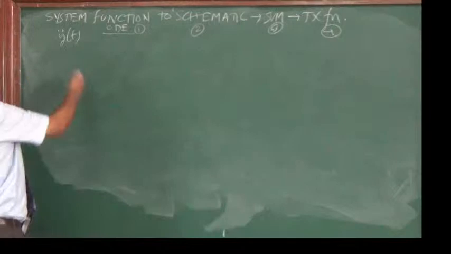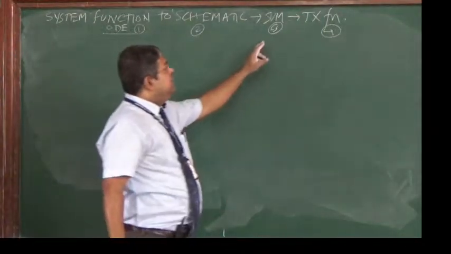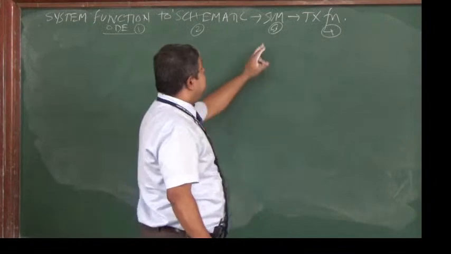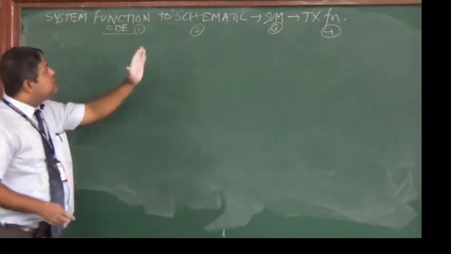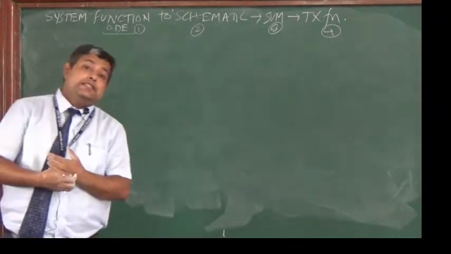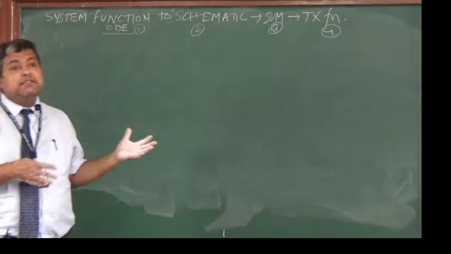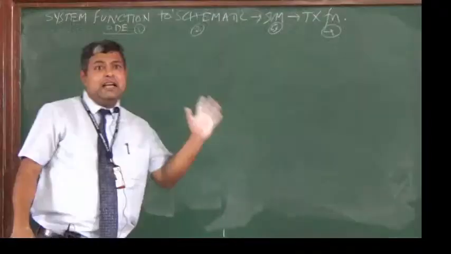So let us solve this numerical in detail, and anything can be given. If I give you state variable matrix and ask you to find transfer function, we should be able to find. If I give you state variable, ask to find schematic, we should be able to find. So any of these four things are interchangeable. Any of these is given and I can go and find the other. Okay. So let us take a very simple system equation ODE and find the other things.